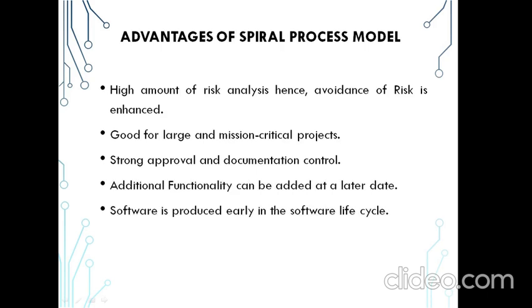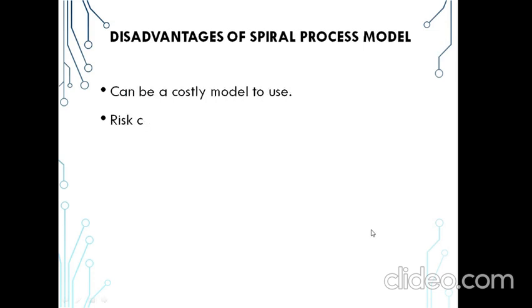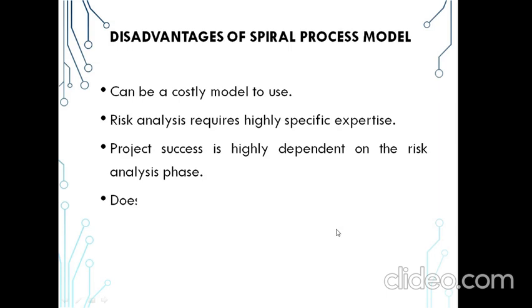This spiral process model has some advantages, like a high amount of risk analysis, hence avoidance of risk is enhanced. It is good for large and mission critical projects. It has strong approval and documentation control. Additional functionality can be added at a later date. Software is produced early in the software life cycle.